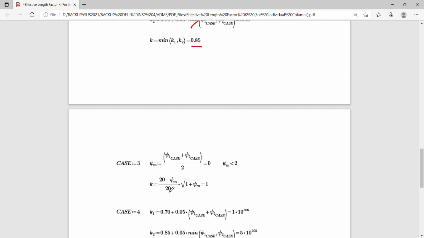Then we get the value of k on basis of this formula. So we then consider k becoming equal to 1. Take note that this formula is only valid if this condition is satisfied.